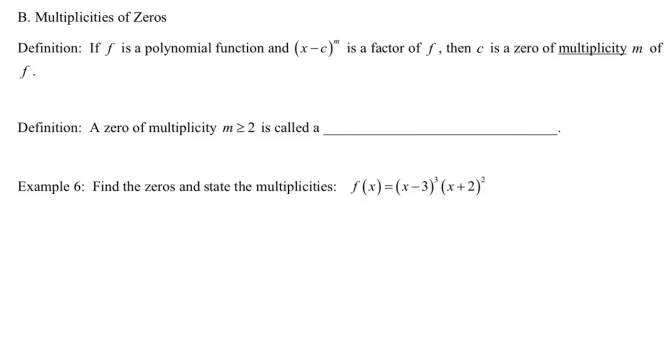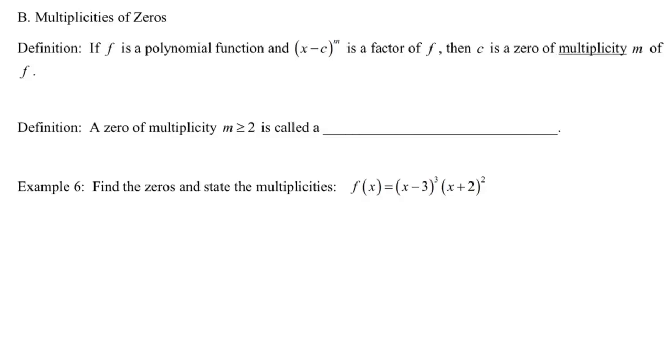Here would be x minus c raised to the m power. So here c would be 3 and m would also be 3. In this particular factor, c would be -2 because you see x plus 2 here, and then m would be 2. m, the multiplicity, is essentially just the exponent on that particular factor.